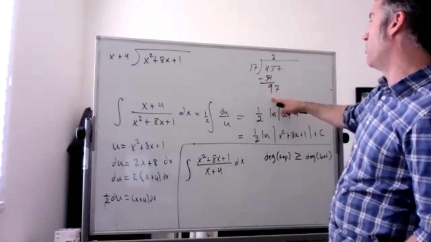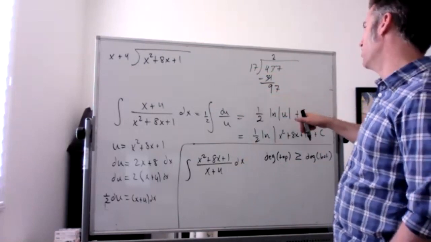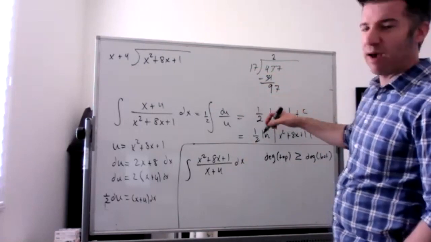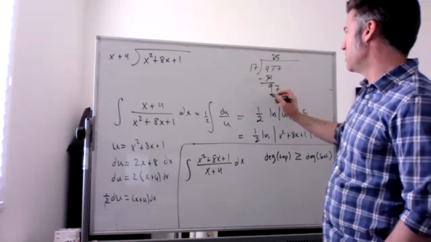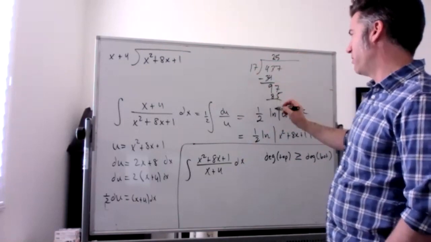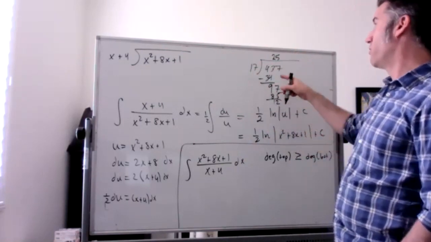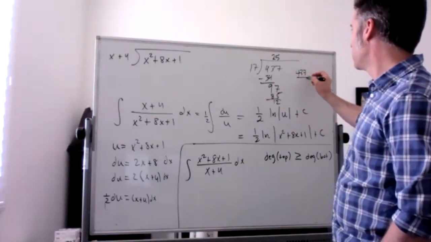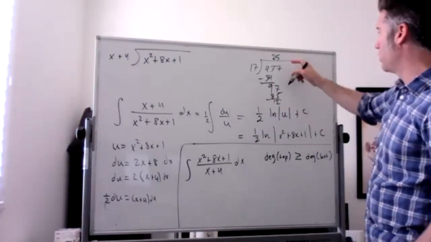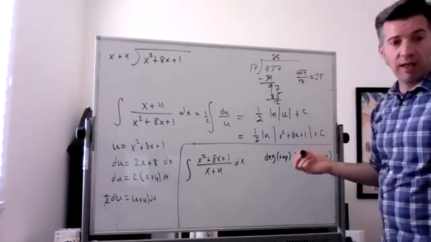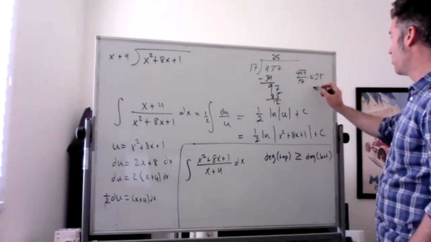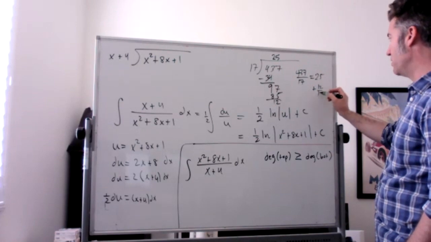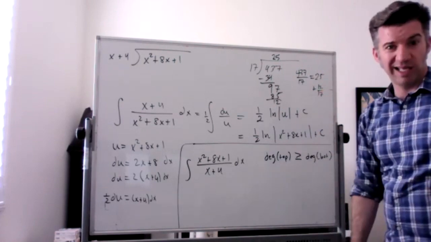And the answer is probably 4. Maybe 5. Yeah, I think 5. 5 times 17 is 85. 97 minus 85 is 12. So 437 divided by 17 would equal 25. And the remainder would be 12. So plus 12/17. That's how that works.